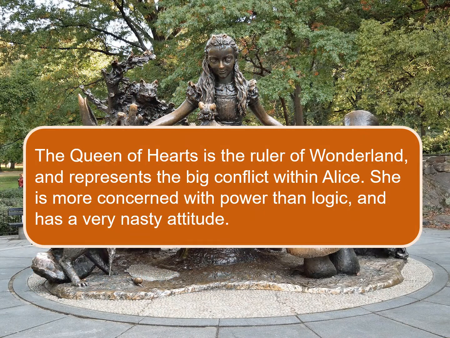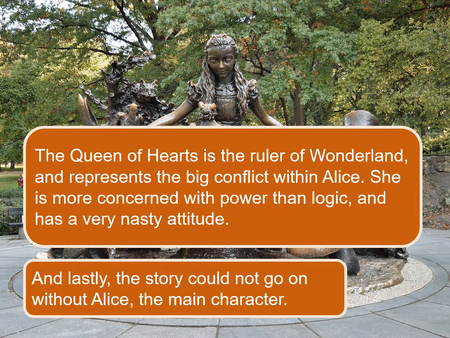The Queen of Hearts is the ruler of Wonderland and represents the big conflict within Alice. She is more concerned with power than logic and has a very nasty attitude. And lastly, the story could not go on without Alice, the main character.